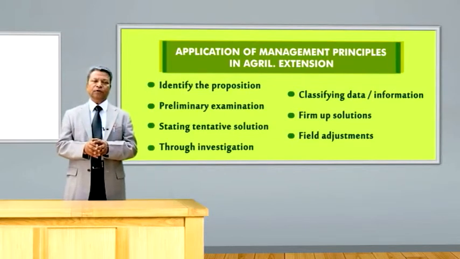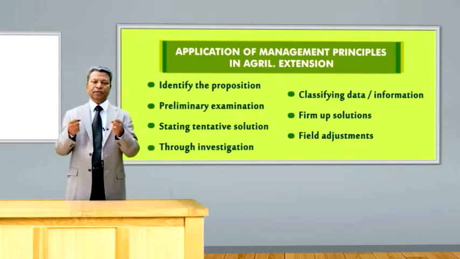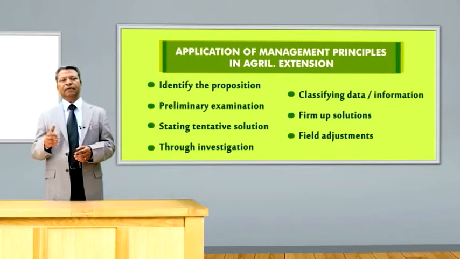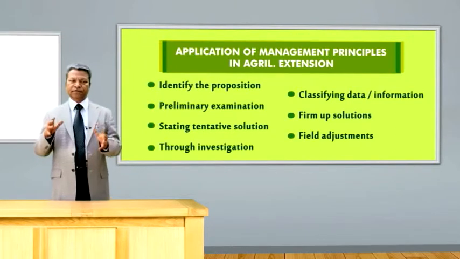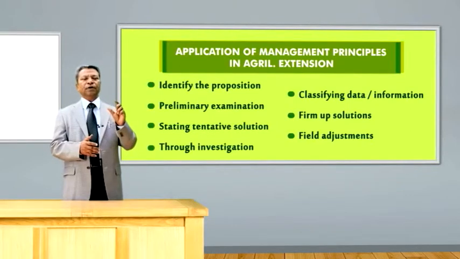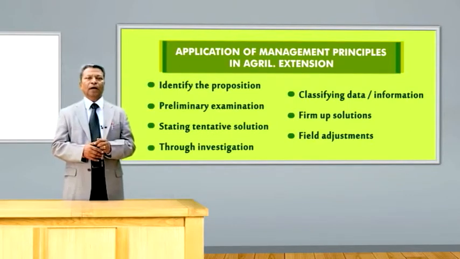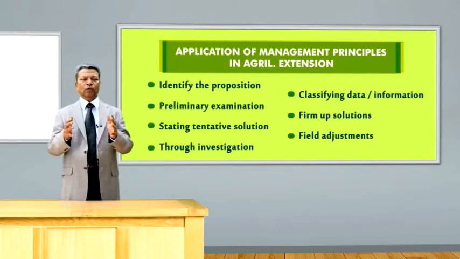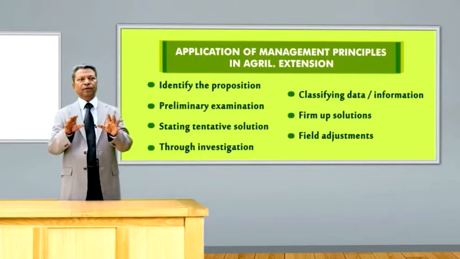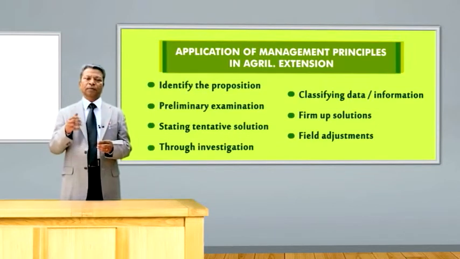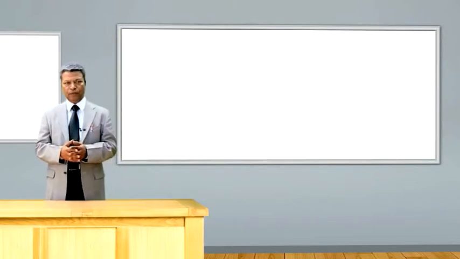And once I have thorough investigation of the problem, of the proposition, then I will have a lot of information. Then I will classify the data, I will classify the information, and then move towards firming up the solutions. And while proposing the solution, then I will see what kind of field adjustments will have to be made in terms of deployment of manpower, deployment of resources, so on and so forth.